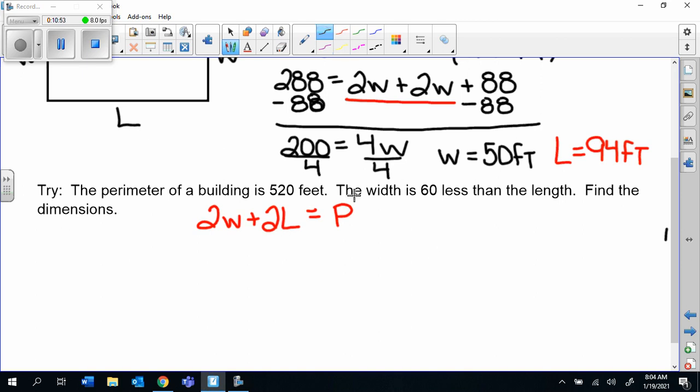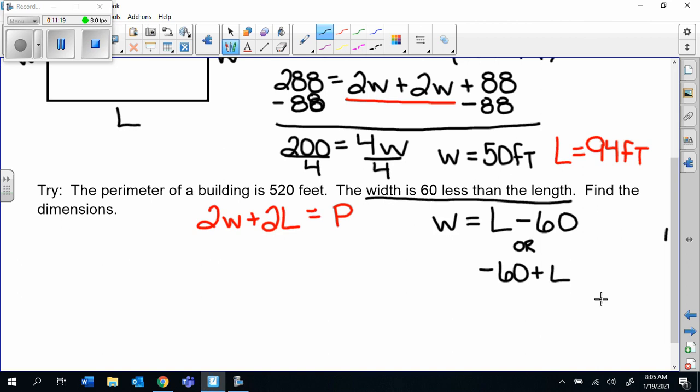And then if you want to try what this would look like, I'll just pause real quick. It says the width is 60 less than the length. You have to put the length first, or you have to write it as negative 60 plus L.